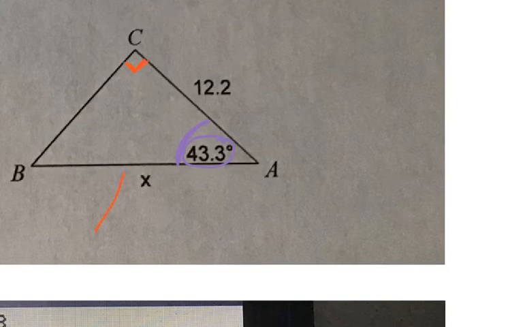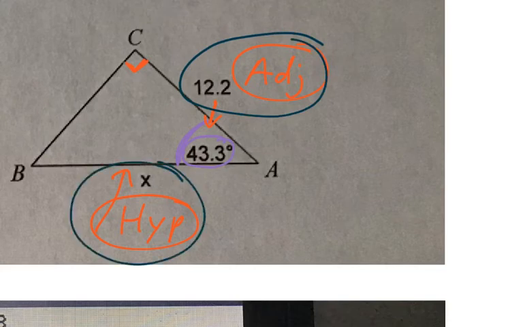And hopefully you could tell that this right here is the hypotenuse, the longest side. Okay? And again, the 12.2 is very close to that angle. We call that the adjacent side. So what uses adjacent with hypotenuse? You ought to know it's cosine.